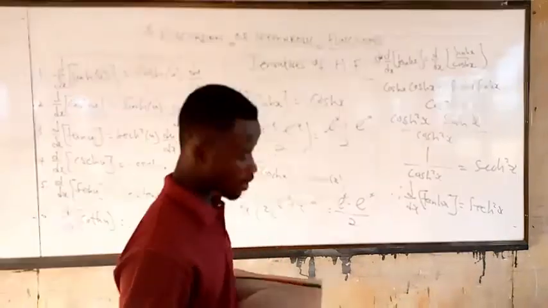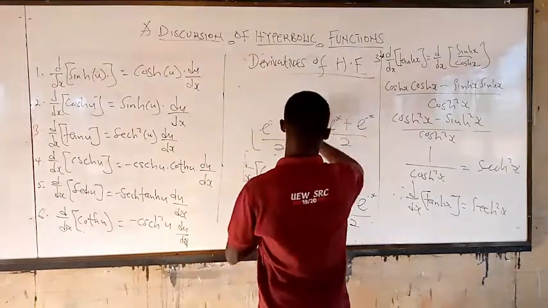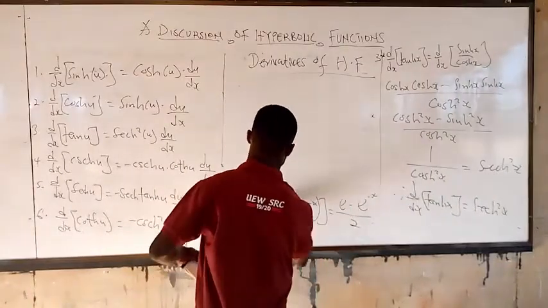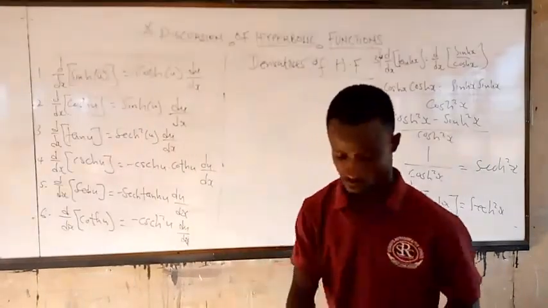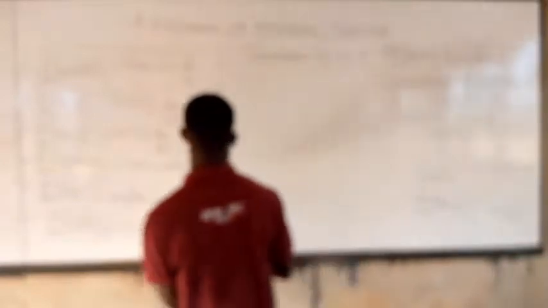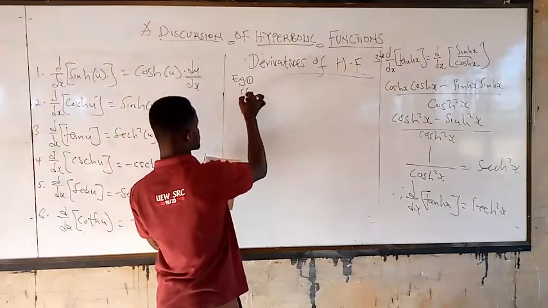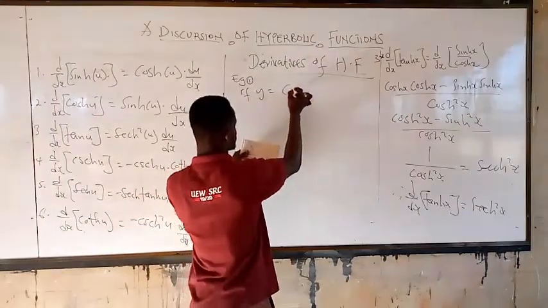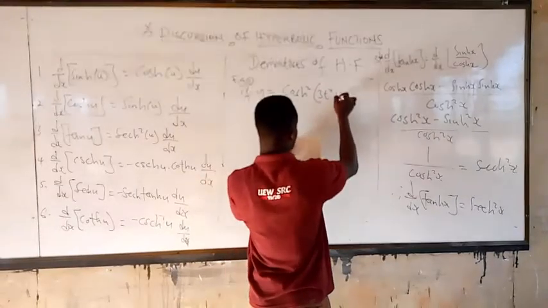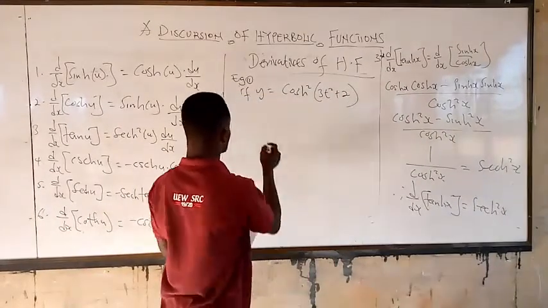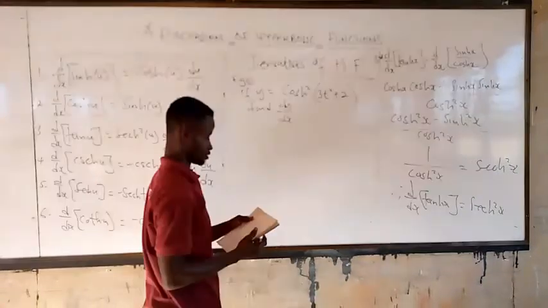So let's try our first question. y is equal to cosh squared of 3t squared plus 2. Find dy ds.